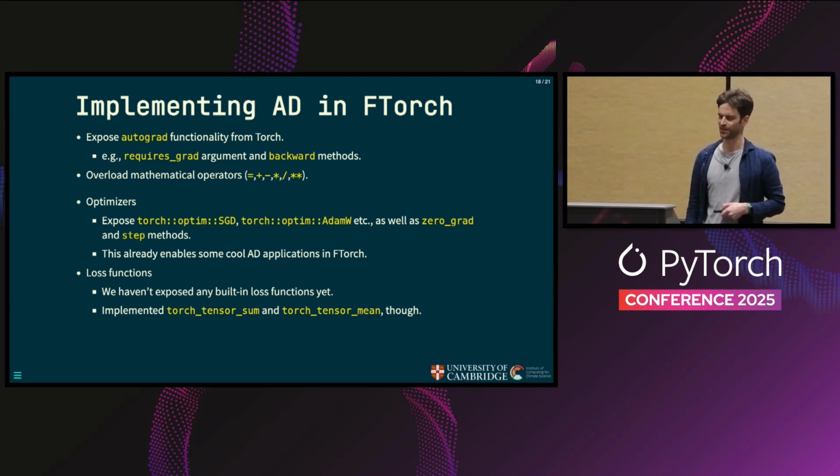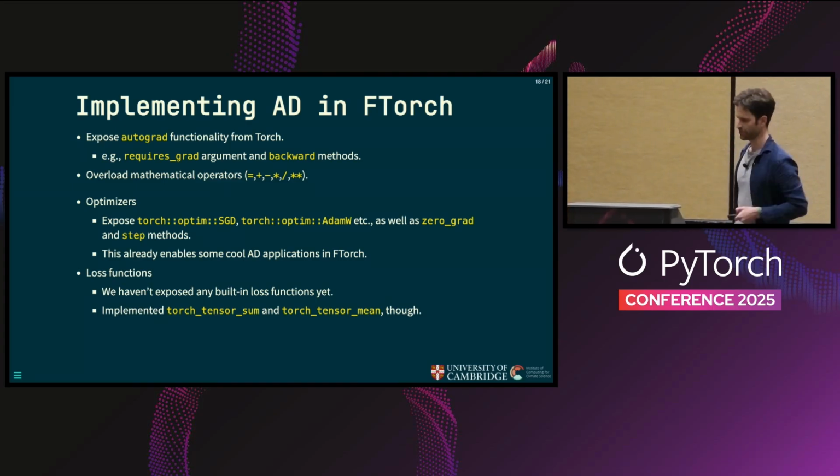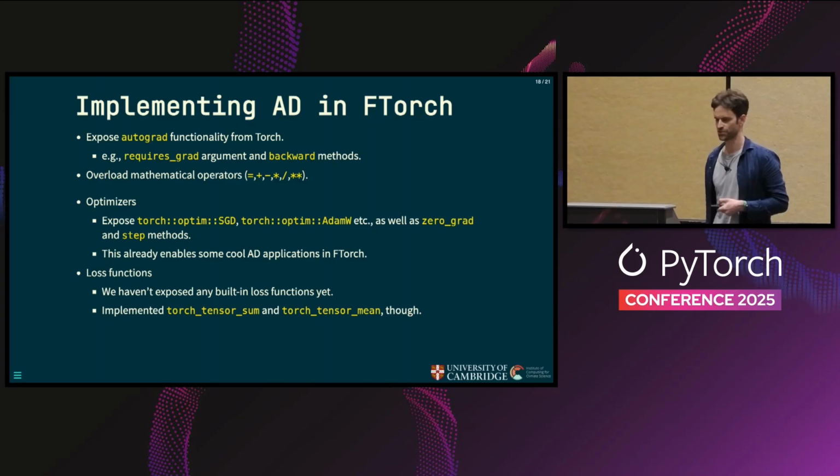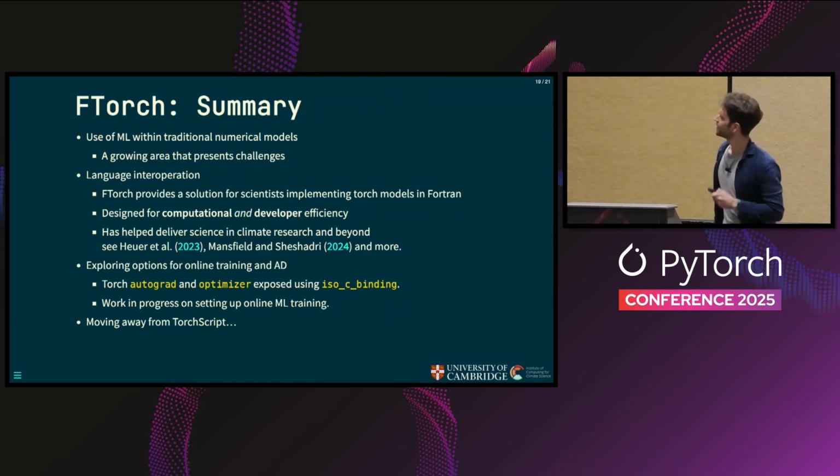We've basically piggybacked off of PyTorch. We've exposed all the autograd functionality from Torch: the requires grad, backward methods, SGD, Adam, etc. One of the really nice things about this is that we've exposed mathematical operators that apply to Torch tensors. This makes it easy to write expressive PyTorch code within Fortran. It's still a work in progress. We've got some stuff to do on the loss functions, but most of the building blocks are there.